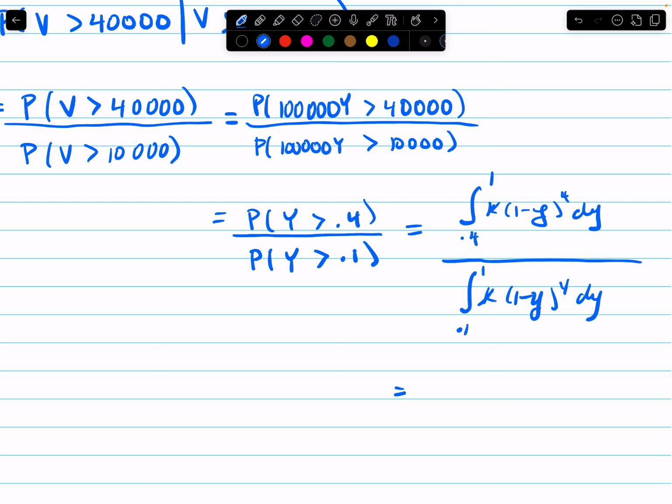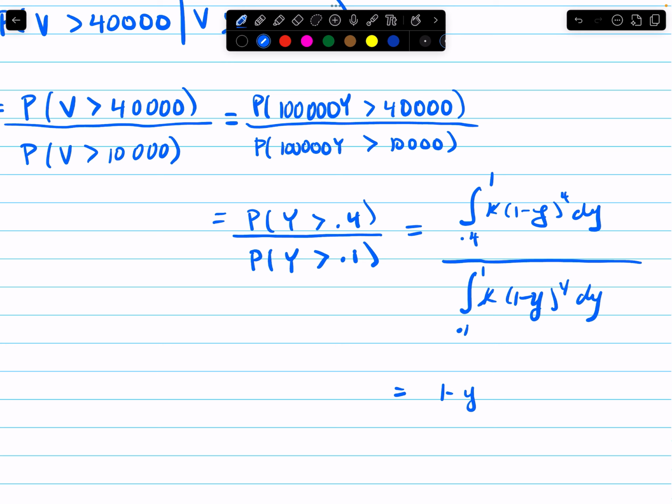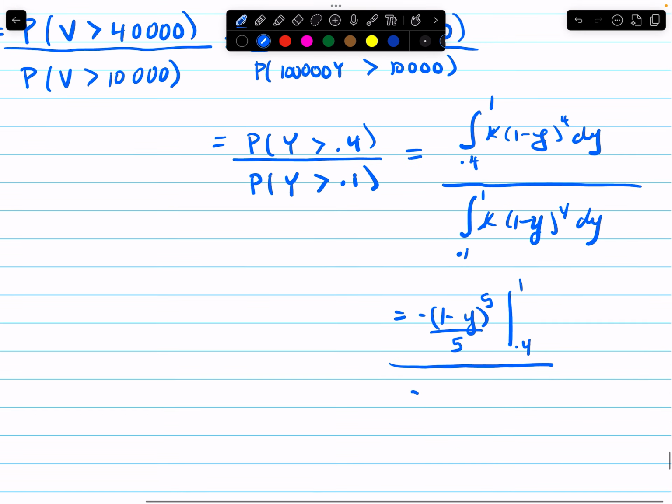All right, so we're going to integrate the top, and we get negative 1 minus Y to the 5th over 5, because of that negative Y in there, from 0.4 up to 1, over the same integral, negative 1 minus Y to the 5th over 5, but this time from 0.1 up to 1.